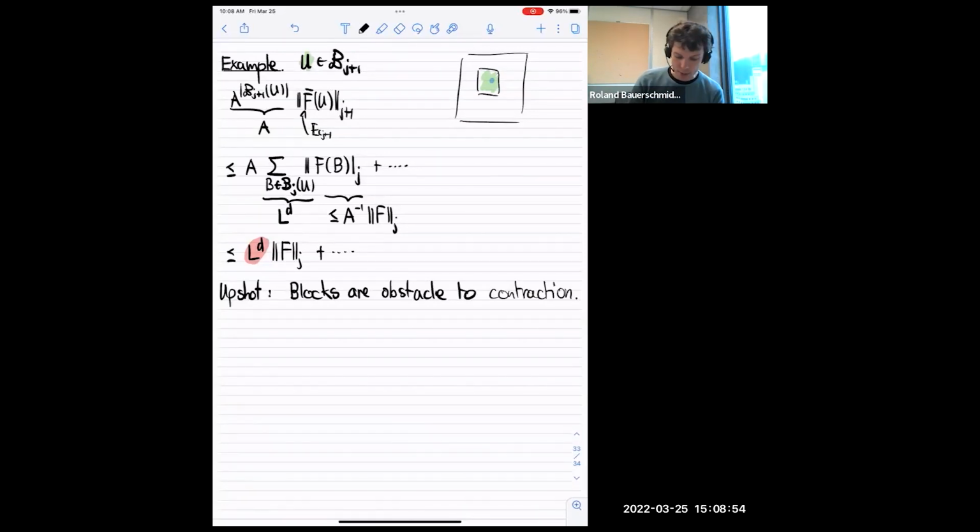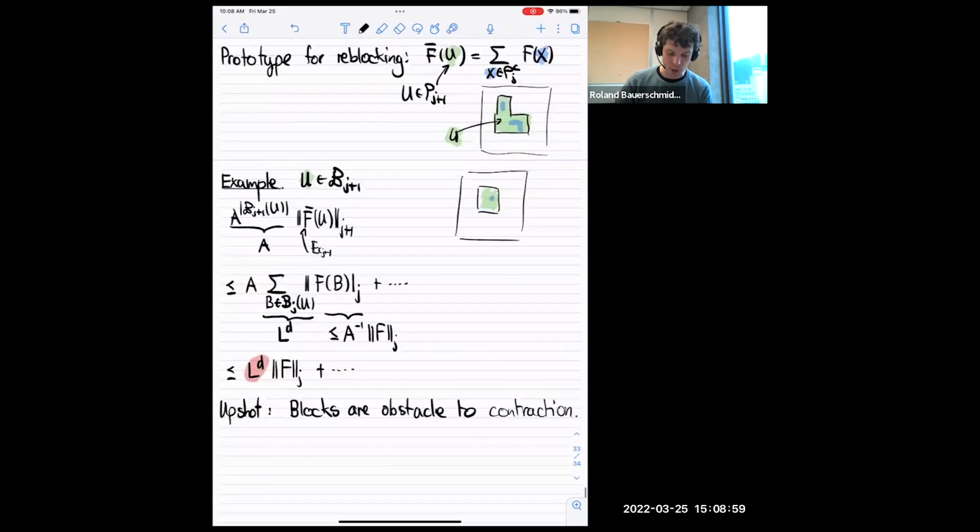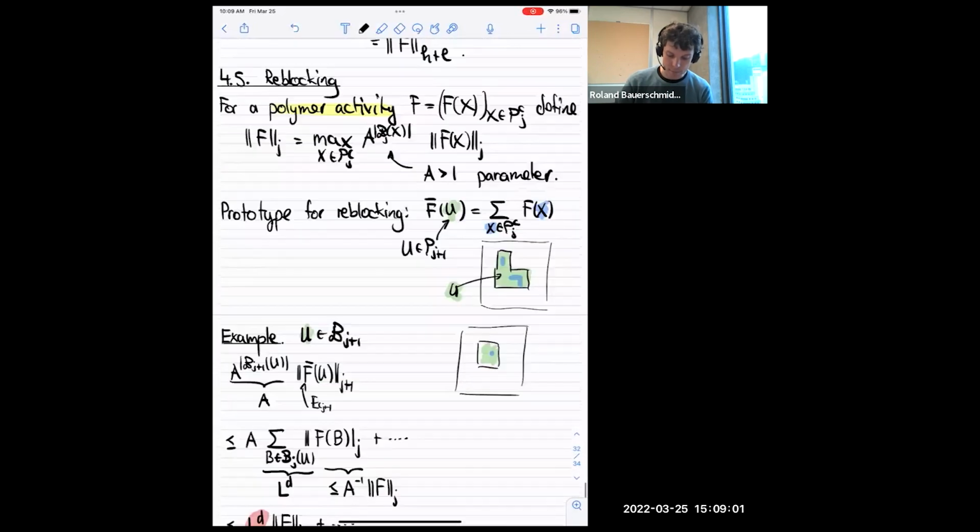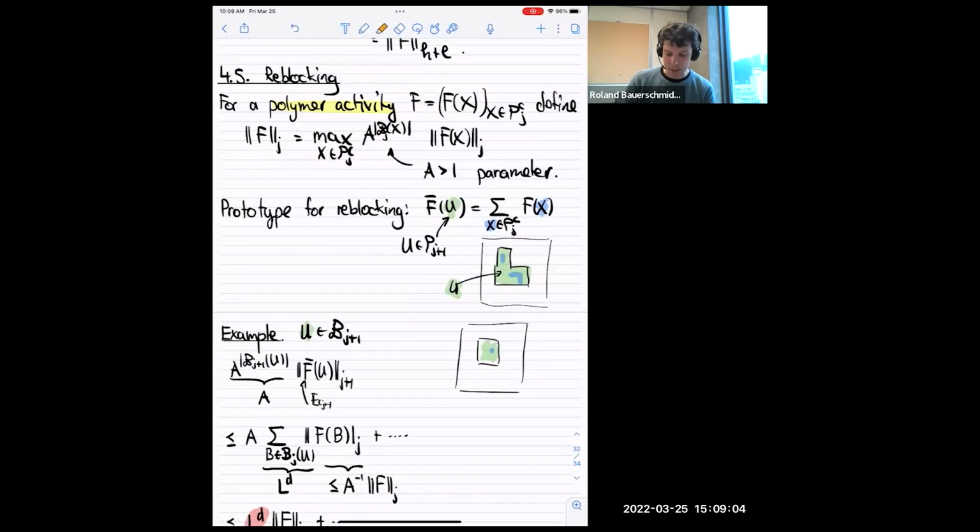We were trying to measure the size of F bar. So we want to take the norm of F bar. So maybe I should also recall that we discussed norms for F of X, for single F of X, and we can make it into a norm on these full polymer activities F, which are collections of F of X, one F of X for every set, by taking a maximum over all sets. And we can also put in this exponential weight, which is a good thing to do because it measures locality.